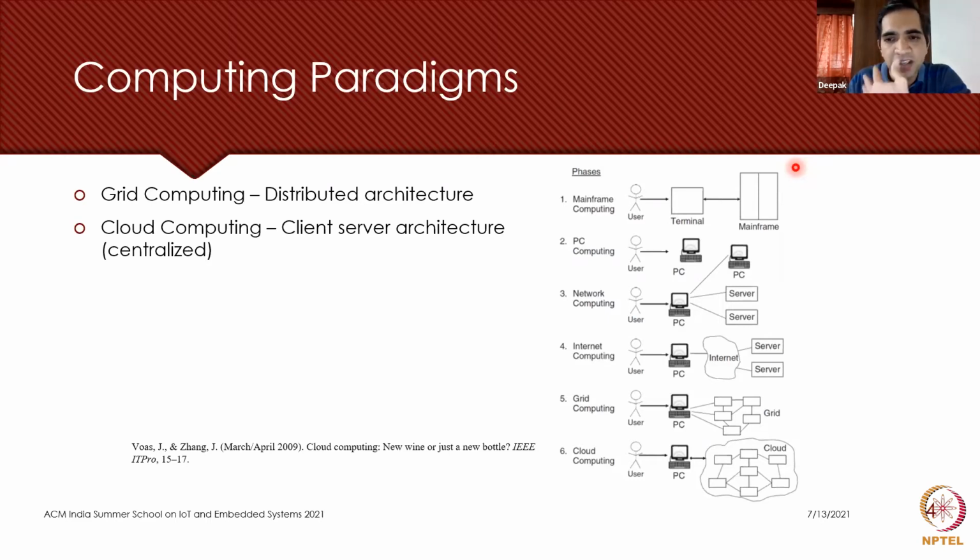Then the PCs, or personal computers, started becoming more and more powerful. That led to an era where it was no longer required. As they became more powerful, they became equipped to handle tasks that required a lot of computation. So you could do a lot of intelligent things on your personal computers itself. That's the second phase, which is called the PC computing phase.